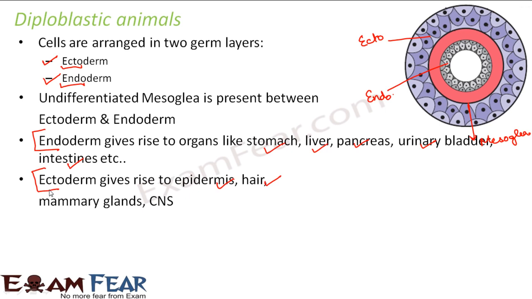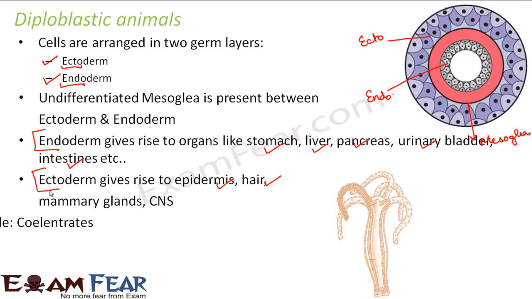Then we spoke about symmetry, which is all about the external appearance of an animal. Now we are talking about the internal formation of the animal, how it is actually formed, so we went back to its embryonic stage. Animals which have two germ layers are known as diploblastic animals. Examples are coelenterates like Hydra.